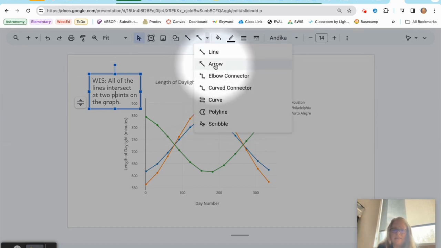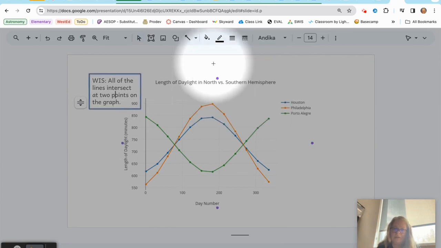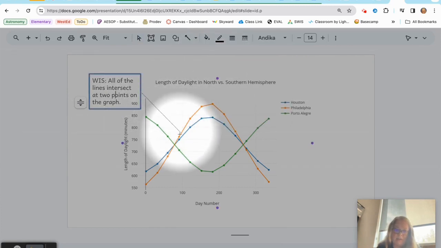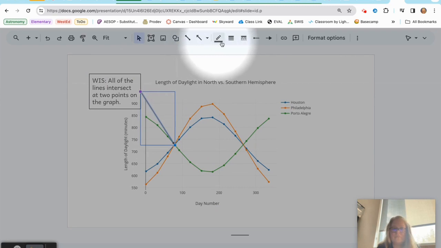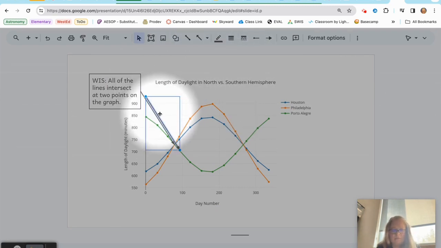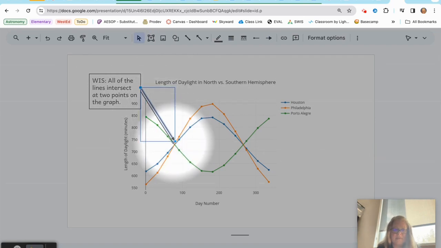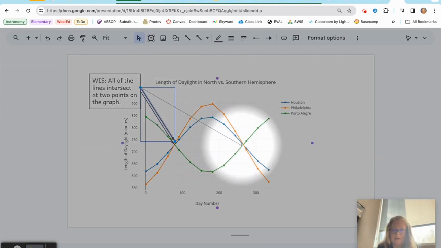This is something that I'm noticing that's a difference from everything else, right? Everywhere else, they're all at different points. But there's one spot that happens twice where they all intersect or cross over each other. So I would do my arrow and I would just point right there. And then it's also happening over here. So I could take this arrow and point to it over here.